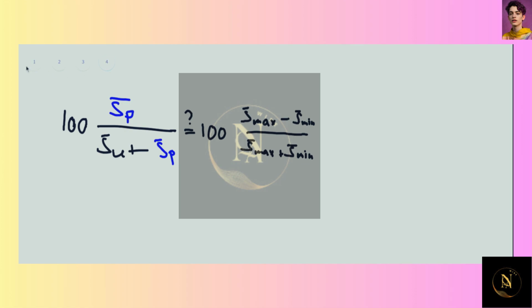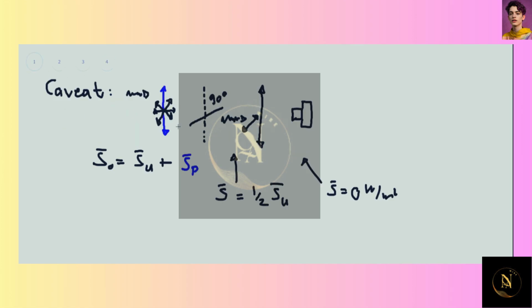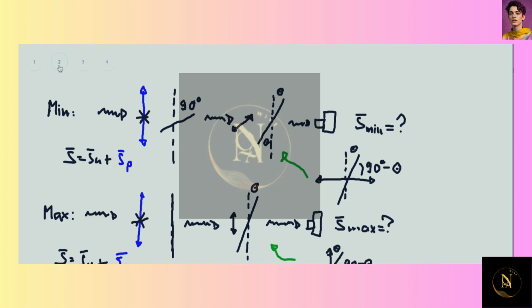So you have a polarizer analyzer system like this, where you have a polarizer, and there's a partially polarized light with some unpolarized intensity and some polarized intensity incident on the polarizer.